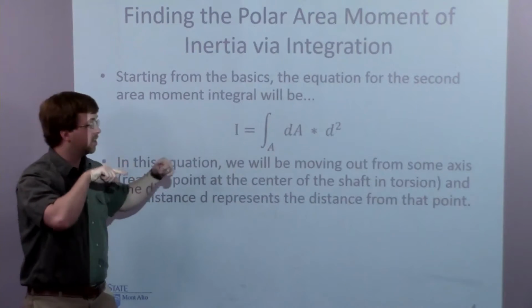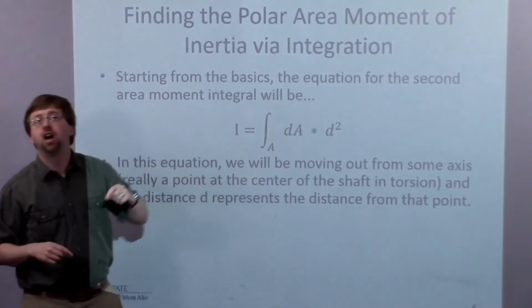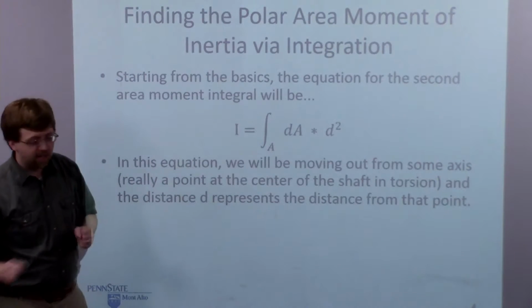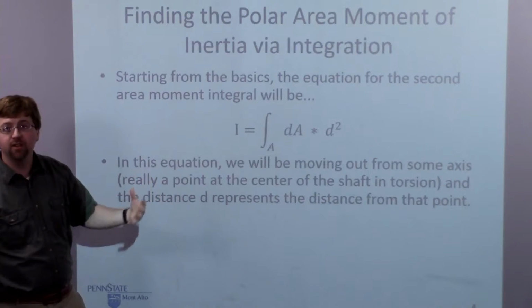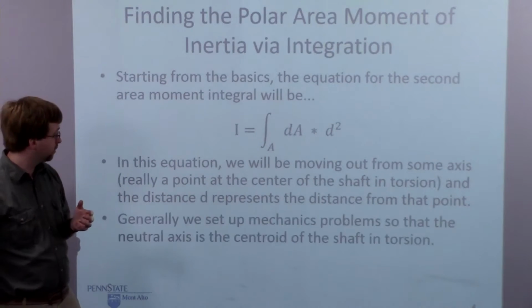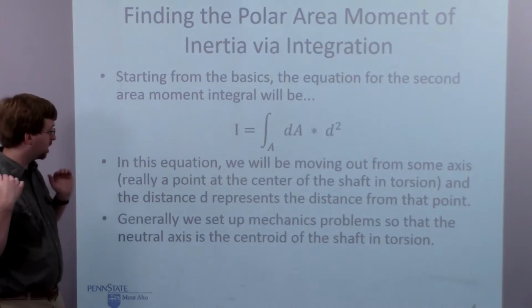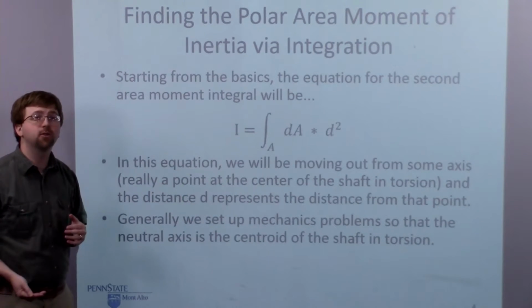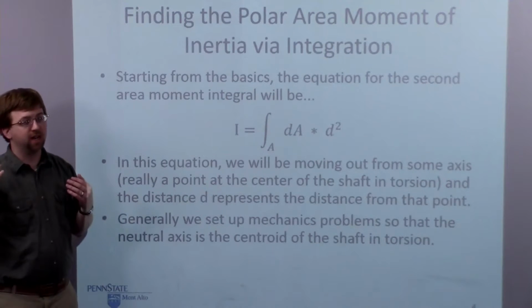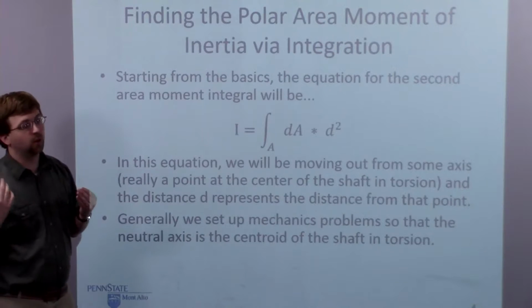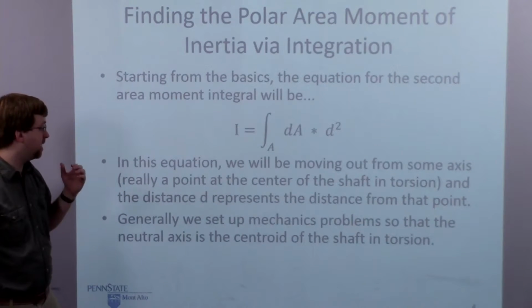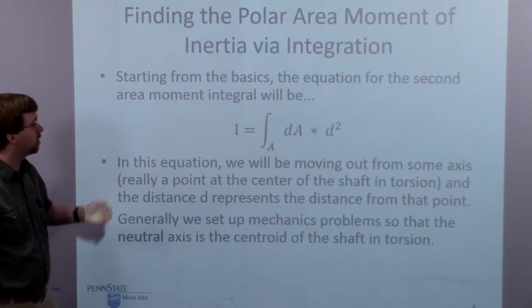It's pointing directly out towards you, and it's really going to look like a point in a 2D cross section. So I'm moving out from some point, that's the origin point, and that distance is the distance from the origin. Generally, we make the centroid of the shaft the origin point, and as I move out from it, I'm going to look at that value, which I'm going to call r.